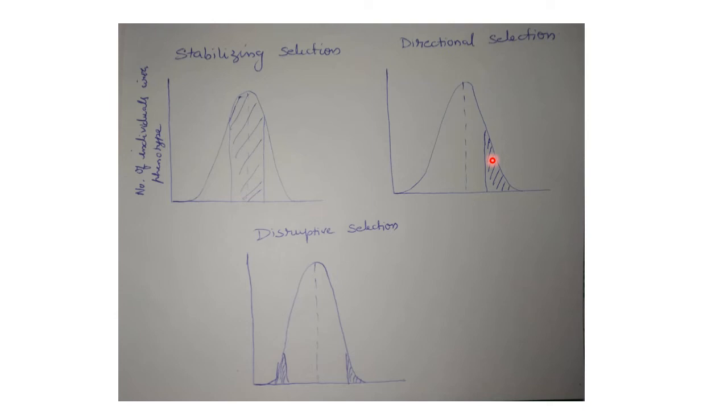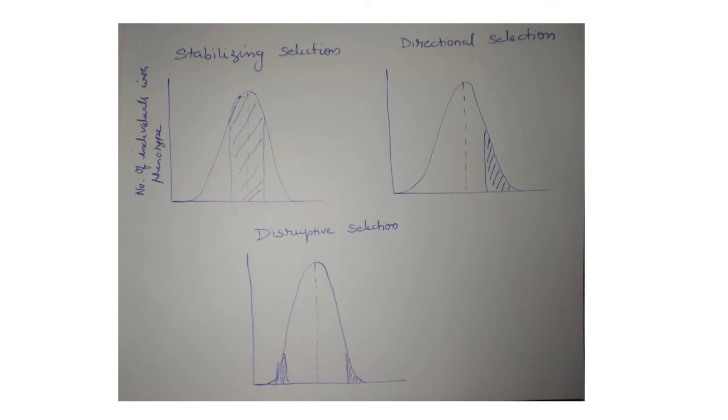That is, it changes the characteristic of a population by favoring individuals that vary in one direction. So only the individuals at this extreme will be favored to grow in directional selection, whereas in disruptive selection, the individuals with extreme characters in both directions will be allowed to grow. That is, these individuals vary on both sides of the mean. So they will be more selected for disruptive selection.